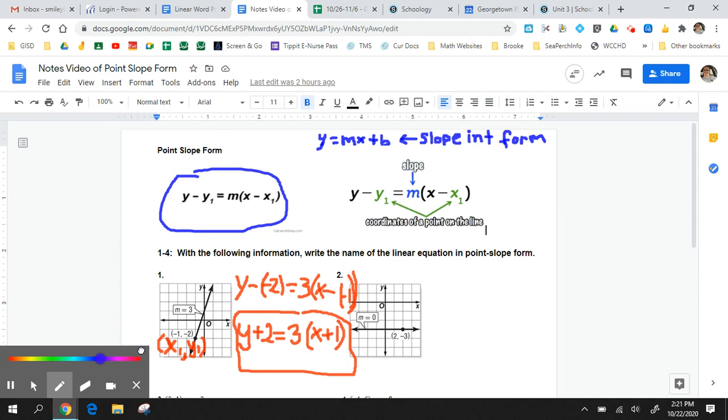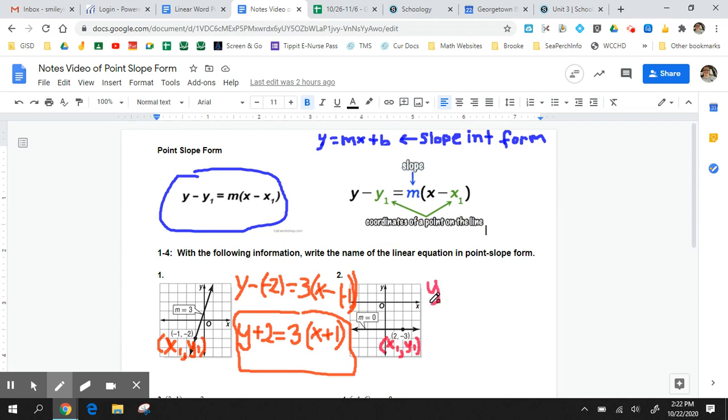Number 2, let me change my color a little. Number 2, we're given this line on our graph, and it says that the m is 0. Here is our x1 and our y1, and then like above, we're going to fill into that equation.